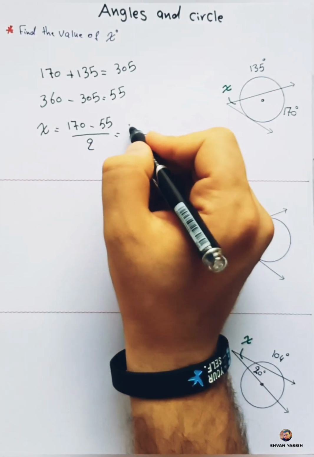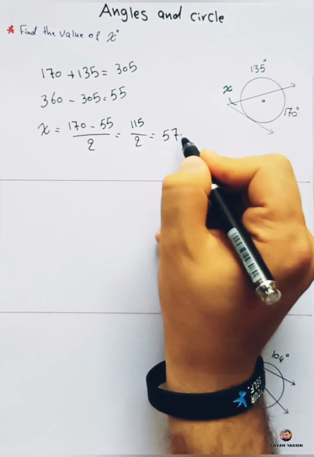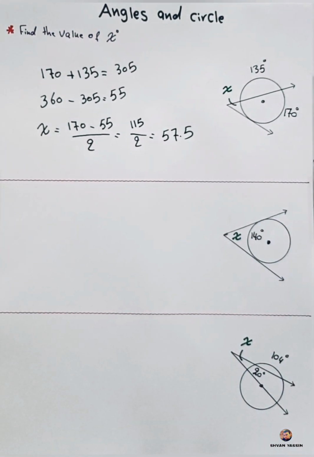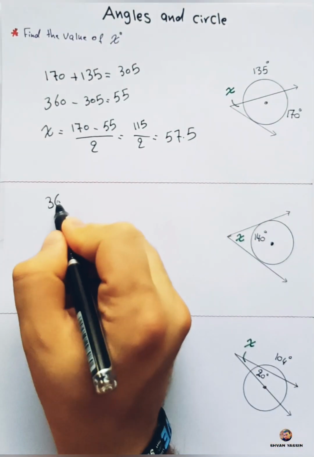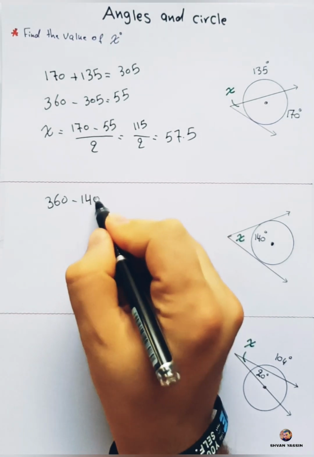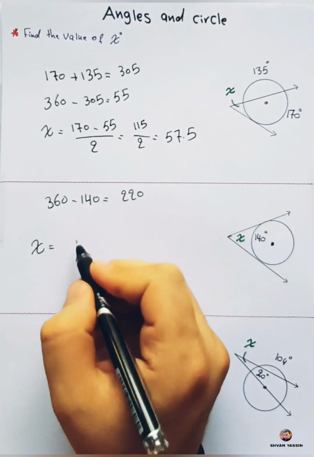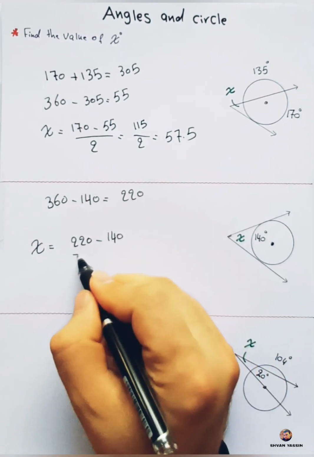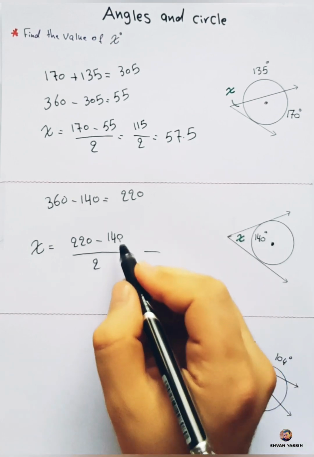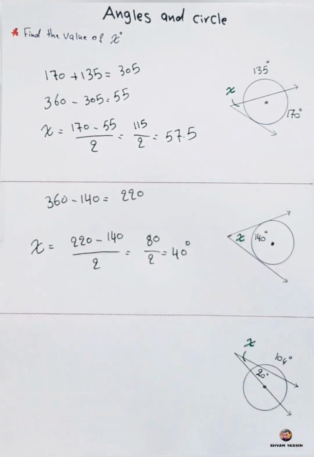So 170 minus 55 equal to 115 divided by 2 equal to 57.5. After that, in this example, we have to subtract 140 from 360, so equal to 220, and then the value of x is 220 minus 140 divided by 2. So 220 minus 140 equal to 80 divided by 2 equal to 40 degrees.